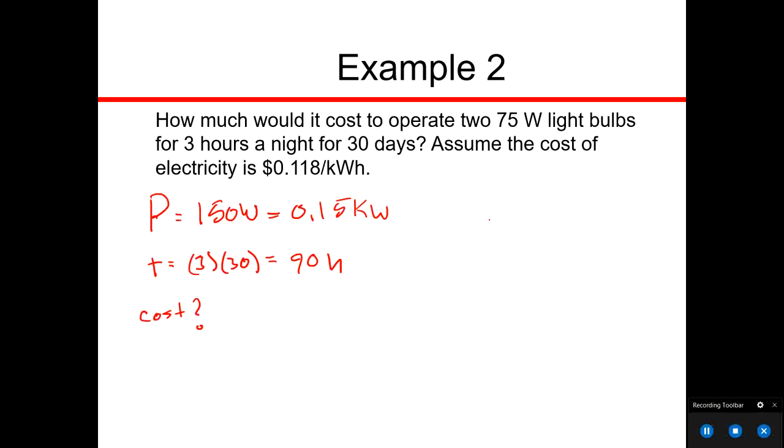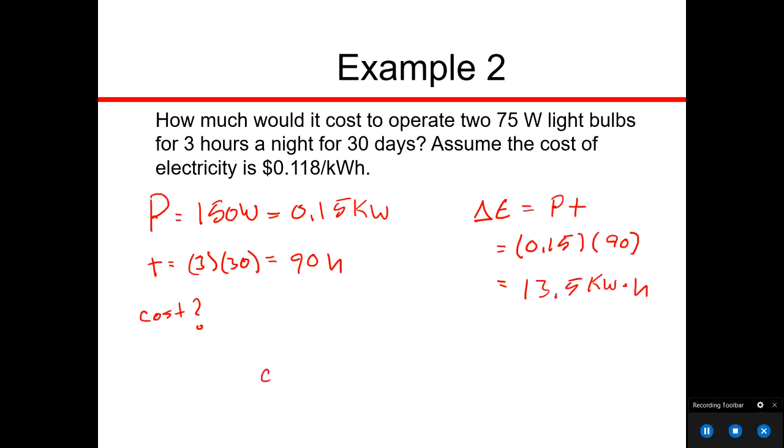Just another type, instead of measuring though in joules, watts times a second, we measure in kilowatt hours. So we use our equation for energy, which is power times time. We get 0.15 kilowatts times our 90 hours that it runs for is 13.5 kilowatt hours.